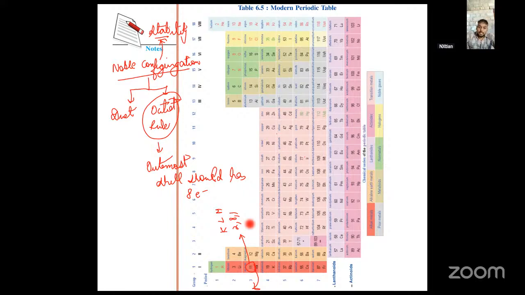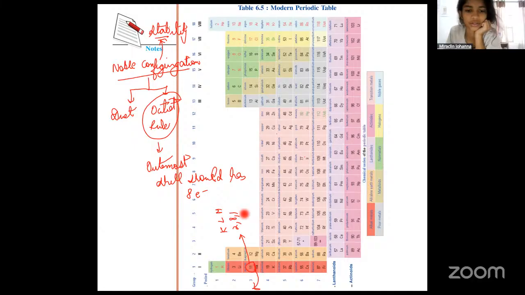You can check that we have 2, 8, 1. One electron is given, now the M shell is gone, and the L shell has 8 electrons. Octet rule followed, noble configuration, stability. Did you understand, guys? Miracle, did you understand anything? Ask me, beta. Yes, I understood, sir.